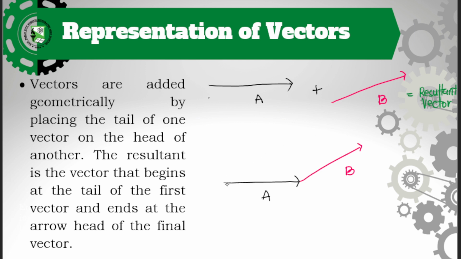Okay, so kukunin mo yung tail ni vector A. Doon ka magsa-start and then iti-trace mo hanggang ma-reach mo or ma-connect mo yung arrowhead ni vector B. So, resultant vector C. Ito yung magiging sum nila pagka inadd mo na yung dalawang vectors geometrically.